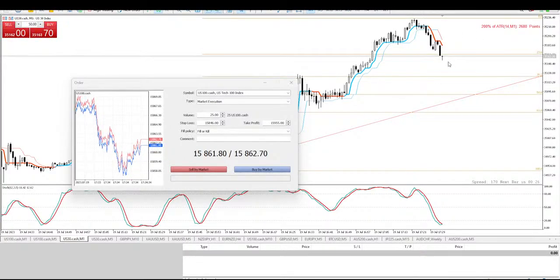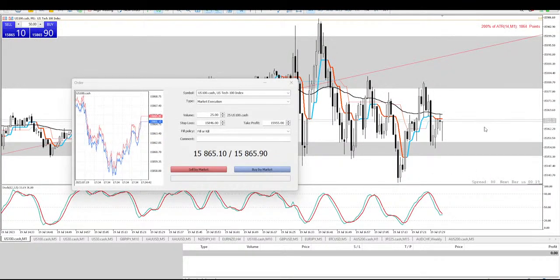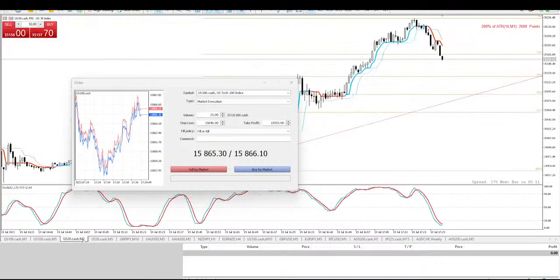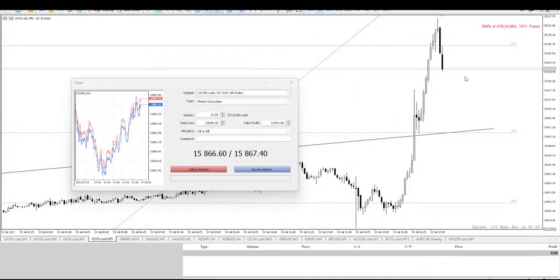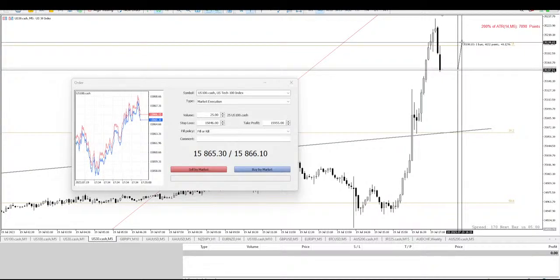A little hesitant to take shorts against these two right now, to be honest. There's too much indecision here too. We're just gonna have to keep waiting here. This could be a good scalp though.